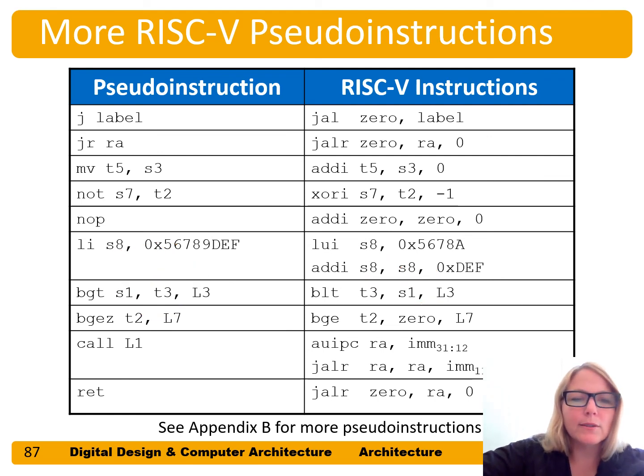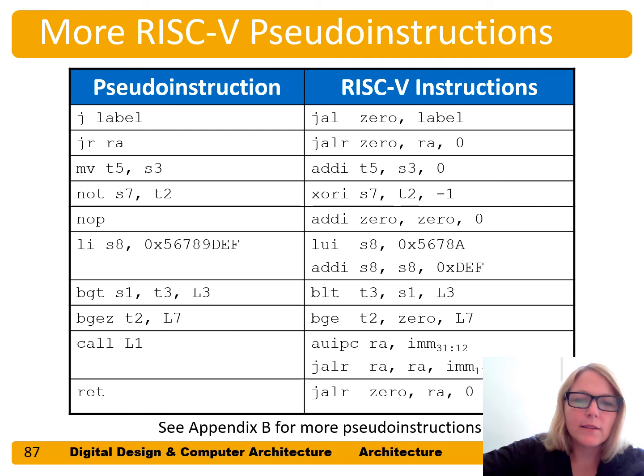Branch greater than or equal to 0. Branch if T2 is greater than or equal to 0. Well, that's branch greater than or equal to, with 0 as that second operand. And so this branches if T2 is greater than or equal to 0.